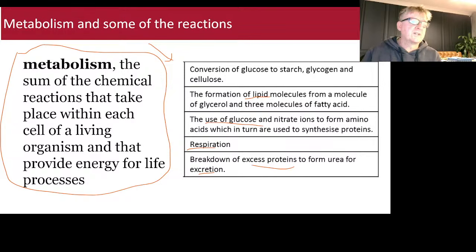Right, so what you've got to do then is just think of any reactants or reactions that might happen. So respiration is a brilliant one, because you all know that one. Urea is where you've got proteins that are then broken down, and converting glucose to starch in a plant.